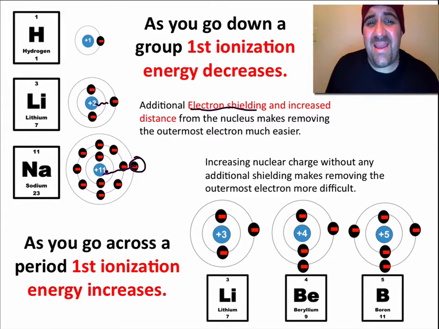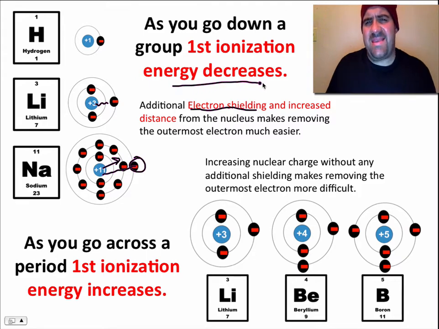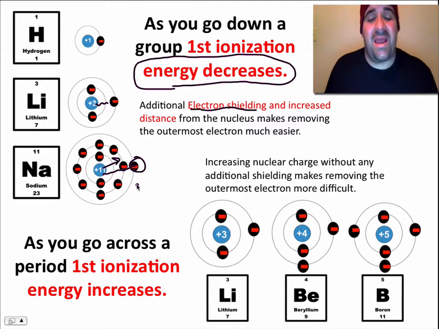So as an electron gets further from the nucleus, it's not being held very tightly. The pull of the nucleus gets weaker and weaker with distance, and you have more electrons in here that are repulsing it. So as you go down the periodic table, ionization energy decreases, and that means it's much easier to remove an electron.